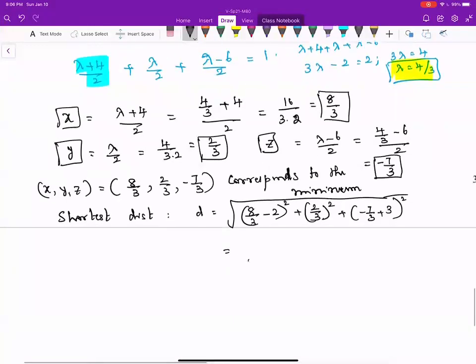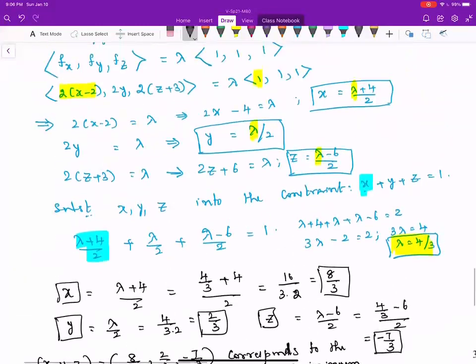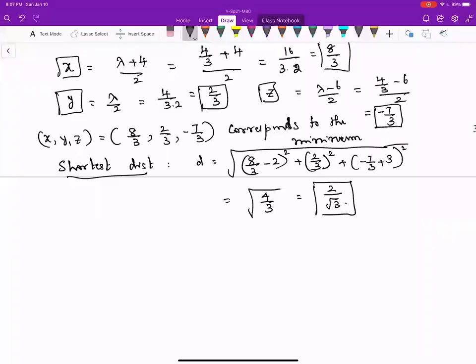If you simplify this, it will become square root of 4 by 3, which is 2 over radical 3. That is the shortest distance. So we have seen this same problem before. Now we are doing the same problem in the Lagrange multiplier method. Hope this video helps.